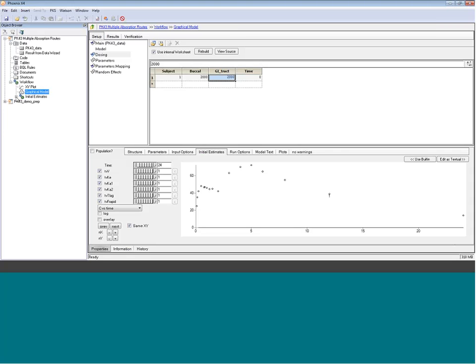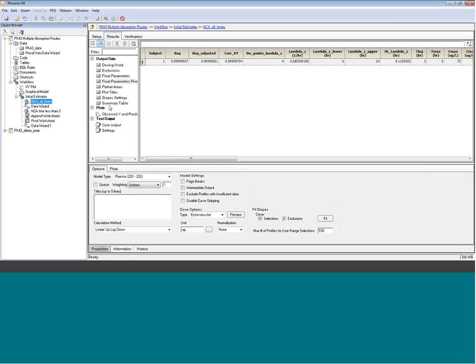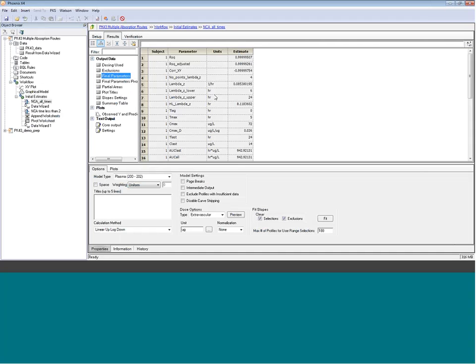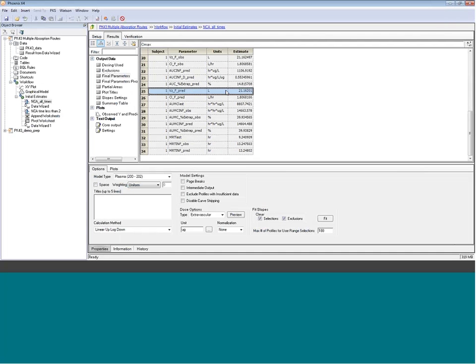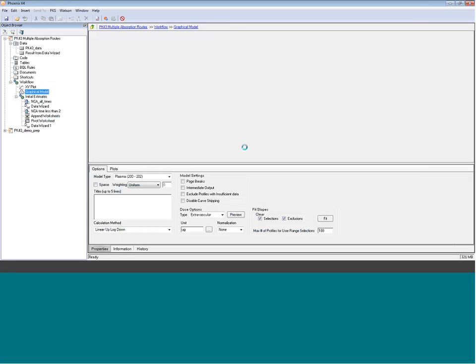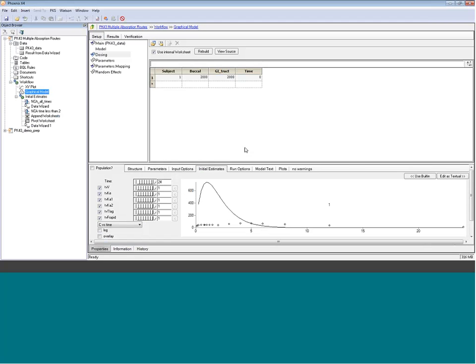So I want to click on the NCA for all times, and then find the volume of distribution. So that will be here. That's 21. I can come back into my graphical model. And my volume of distribution, I'll go ahead and type in 21 as my estimate.